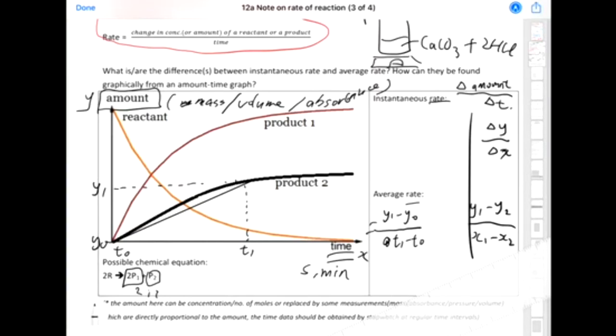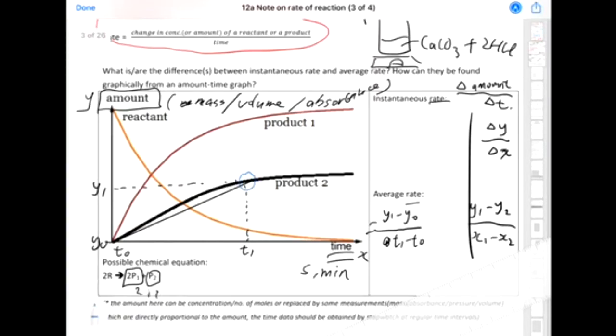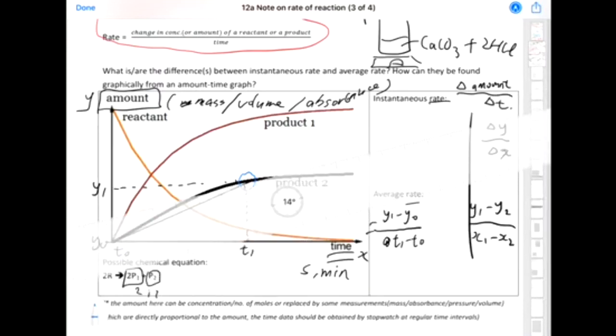And again, maybe I consider T1 again. I would like to find out the instantaneous rate at T1 represented by the amount of product 2. Then I draw a tangential line here.